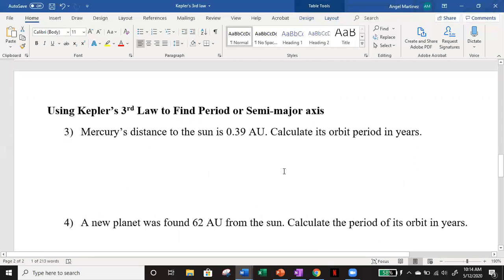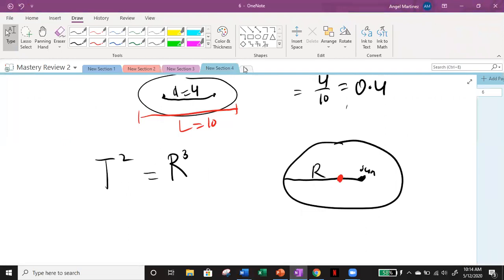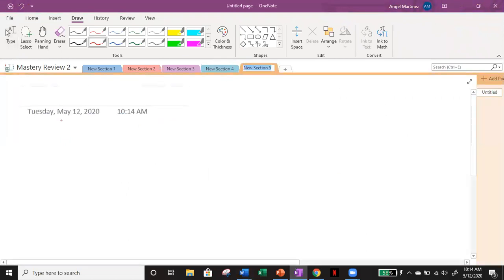But let's do a practice problem, because now you can use that equation to solve for the missing period or R. So we have Mercury's distance to the sun is 0.39 AU, and we have to calculate its orbit period.